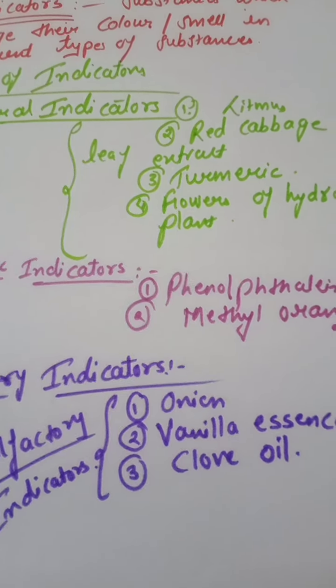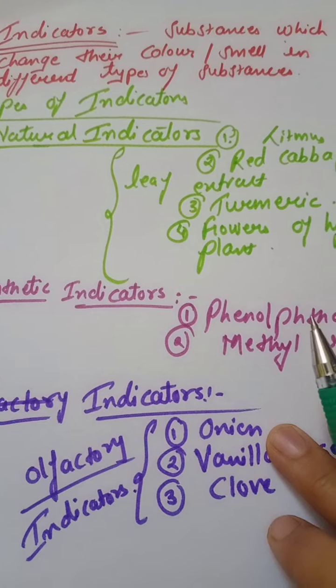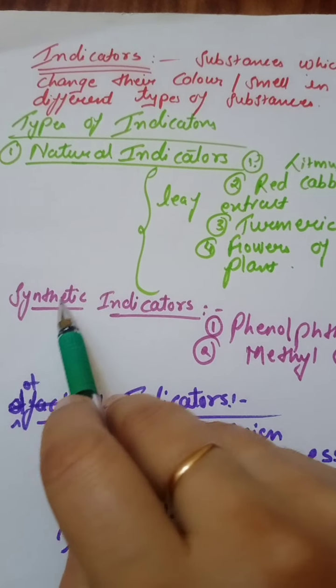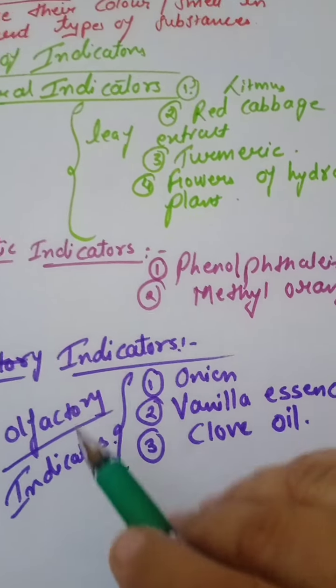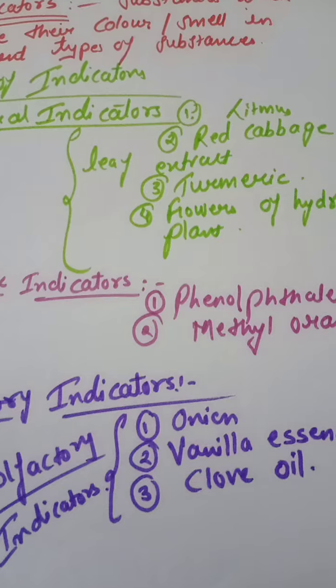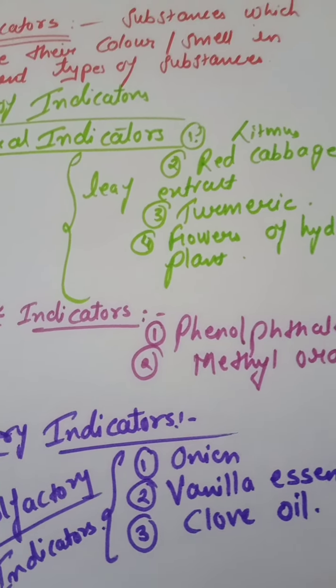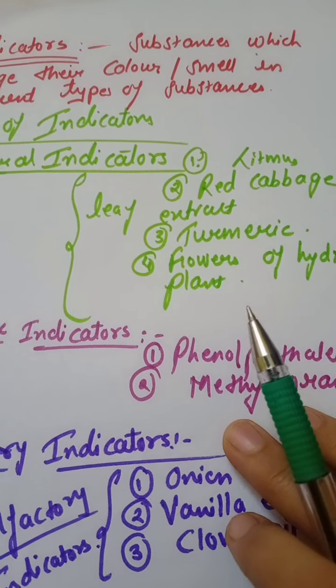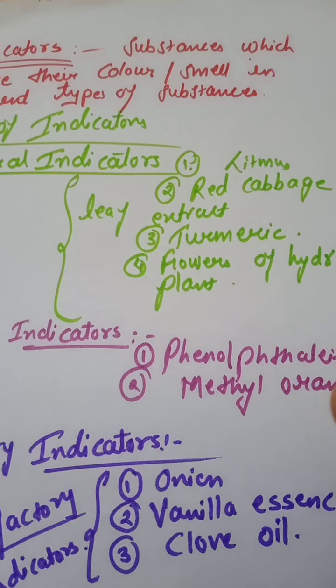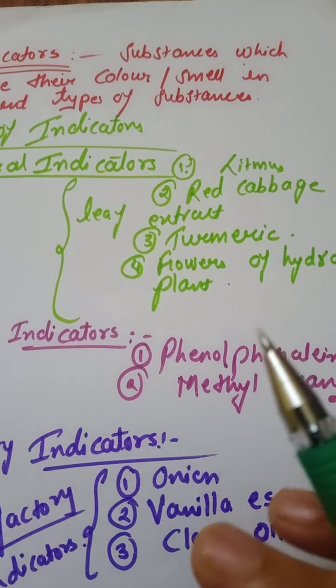Let us see the types of indicators. There are natural indicators, synthetic indicators, and olfactory indicators. These are the three types basically. First, natural indicators indicate the presence of acid or base by showing a change in color.